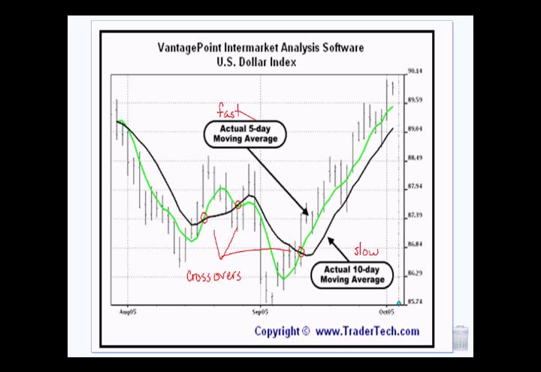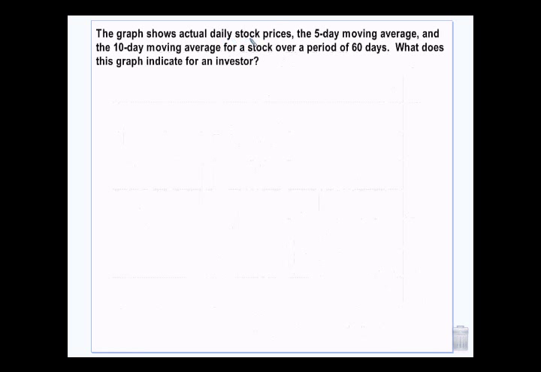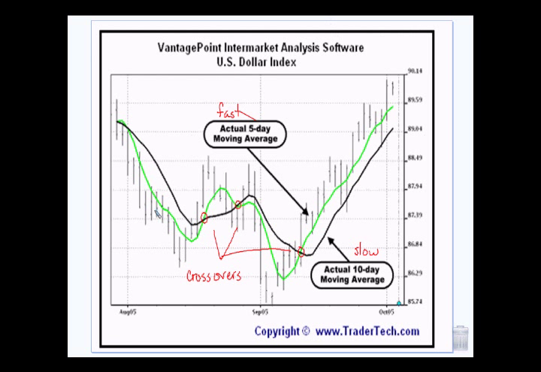Now, I'm just going to go over here so we can have some blank paper. So we have the daily stock prices, the 5-day moving average, and the 10-day moving average over 60 days. What we have, the fast overtook the slow on August something. That's really hard to tell.